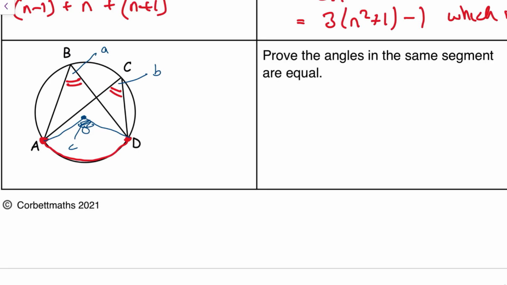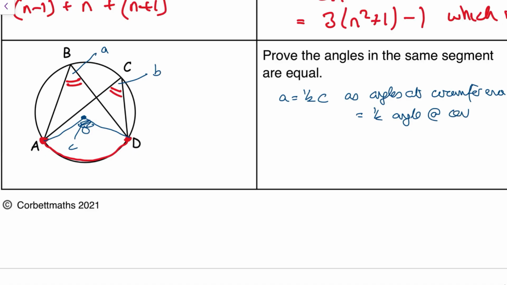And then I'm just going to say that it is true that A is equal to half C, as angle at circumference equals half angle at center. And then I can also say that B is equal to half C, and they're both for the same reason. Therefore, A equals B as required.